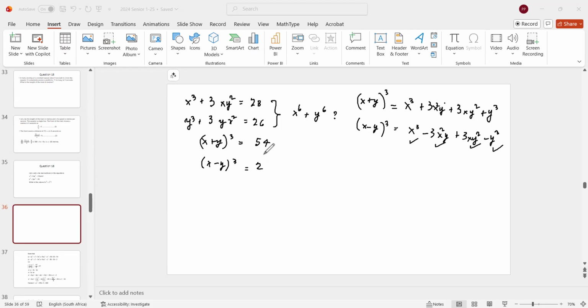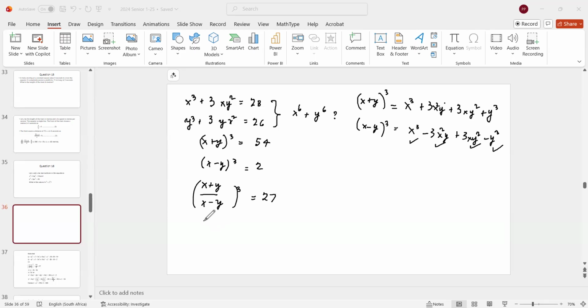And so now we might be able to do something here because you got two cubes, and 54 over 2 I recognize to be 27, which is 3 cubed. So I'm sure that'll help. So if you put x plus y over x minus y all cubed, you will get this over this, which is 54 over 2.